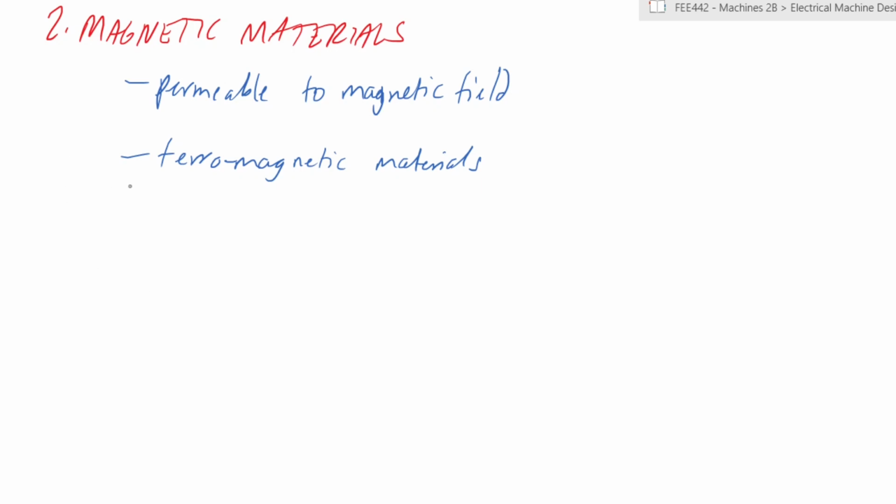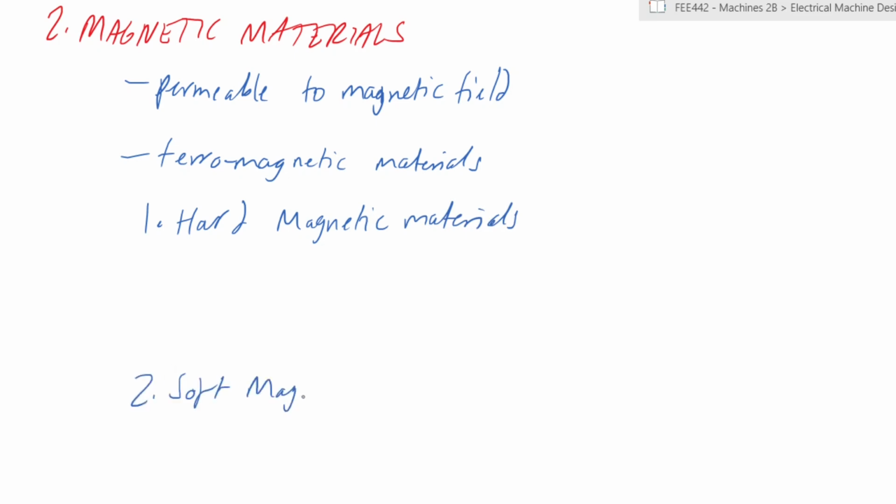So in most cases, you will have either hard magnetic materials or soft magnetic materials. Hard or soft depends on the ease with which a magnetic field is able to be set up within those kinds of materials.